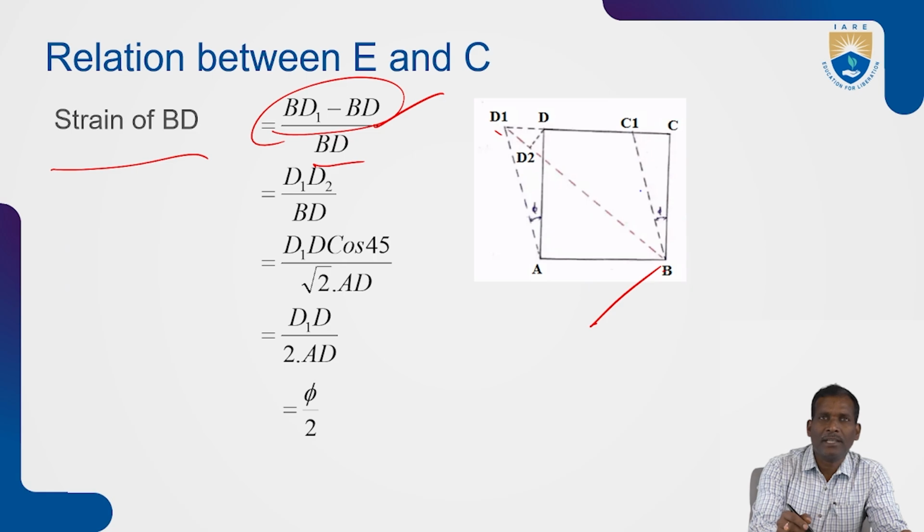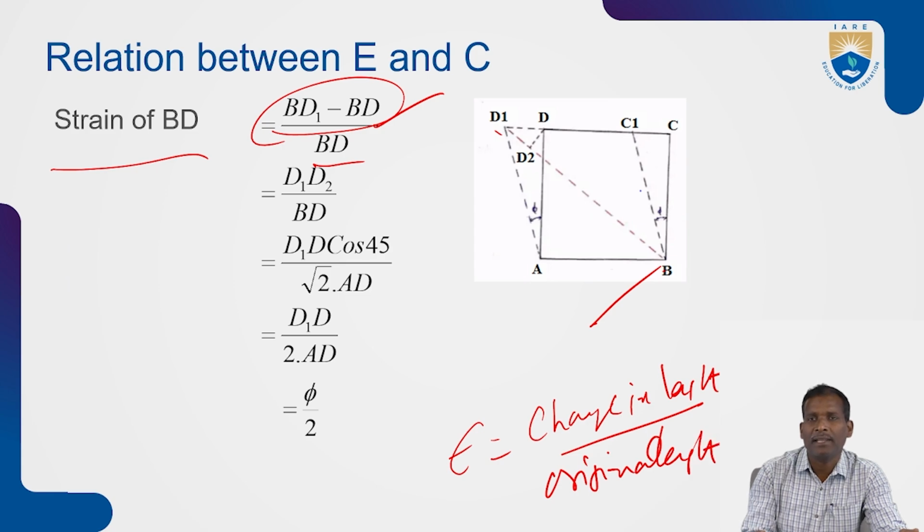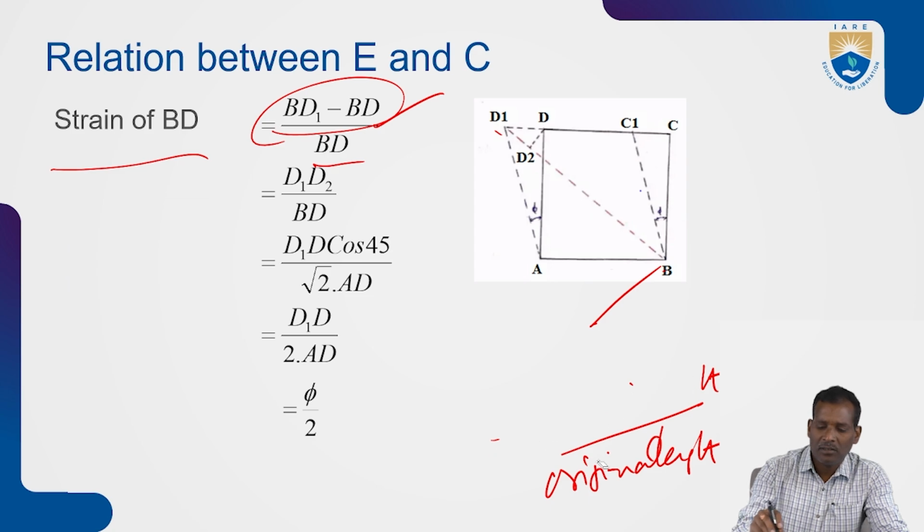So subtract, and you will get the actual change in length. As per definition, the strain is equal to change in length upon original length. It may be length or diameter. Clear? So linear length or lateral, any dimension.